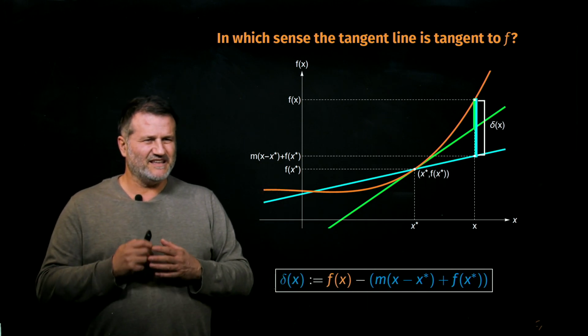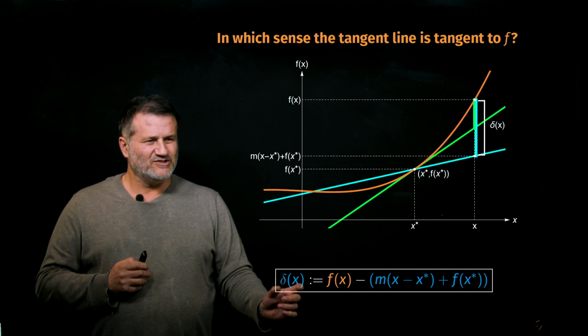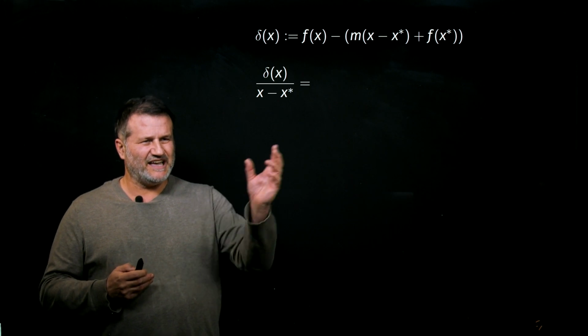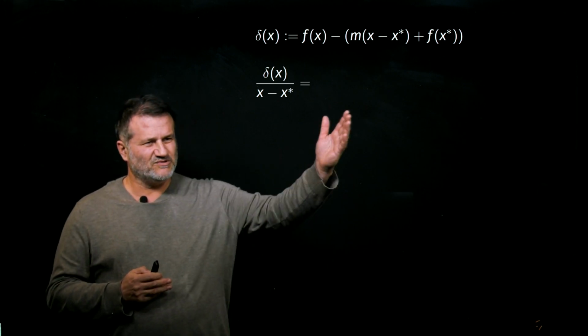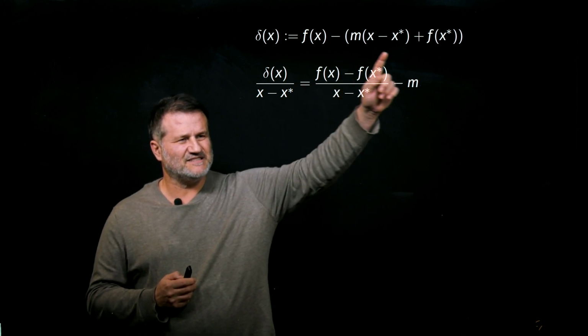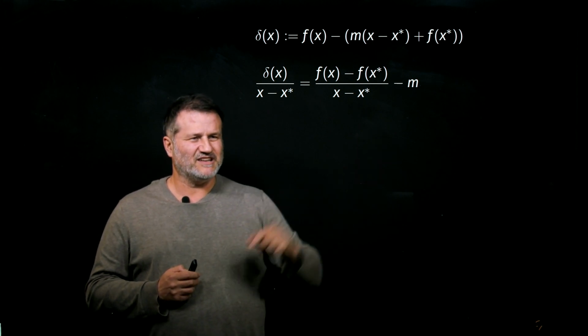Now here something interesting happens. If we compare this quantity delta x to the basic quantity going to 0 at point x star, which is x minus x star, and we do the calculations, we see that this is exactly equal to f of x minus f of x star divided by x minus x star, minus m.